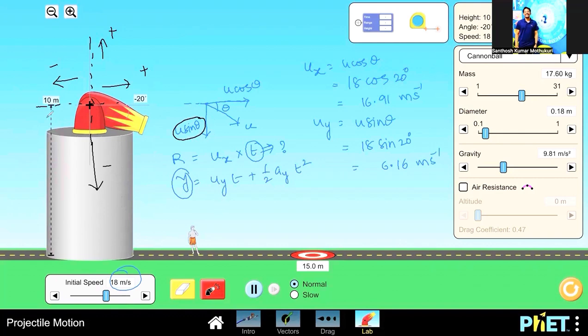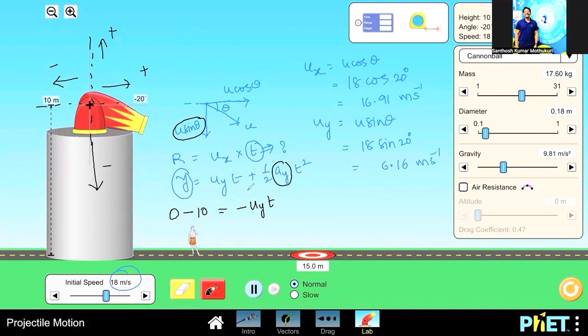In the same way, this is the place where the object finally lands, somewhere here. So the final position is 0 and the initial position is 10, because it finally lands on the ground. So 0 minus 10 equals uy, but as I said, it is taken negative, so negative uy t plus half ay t squared.